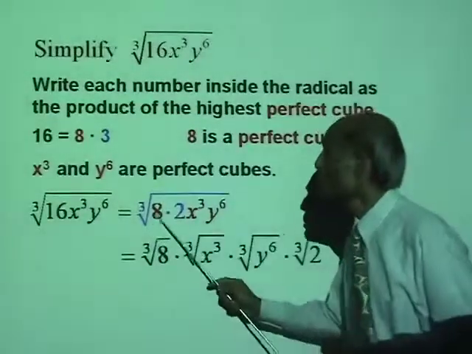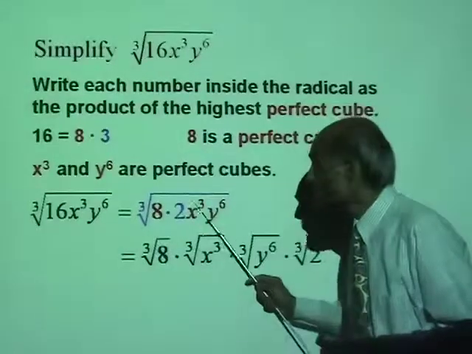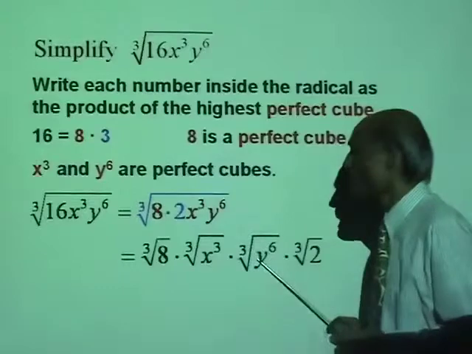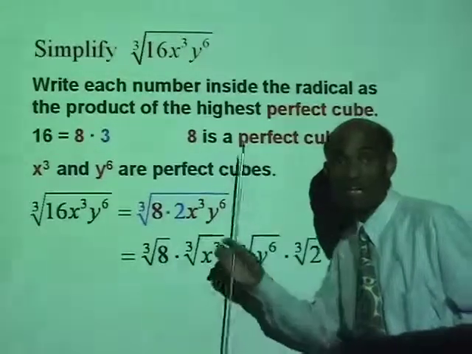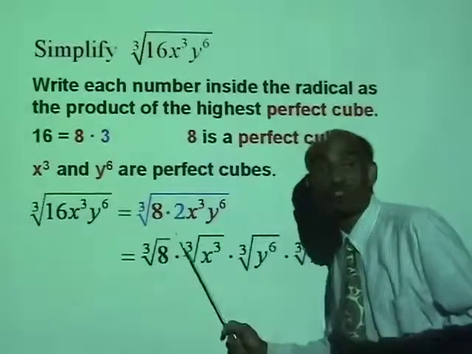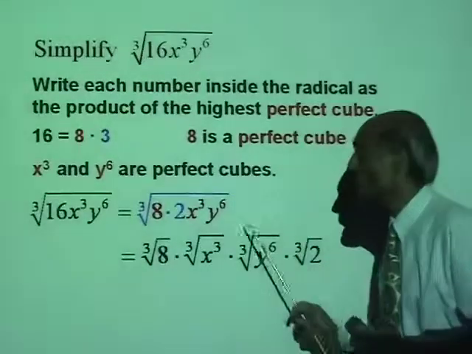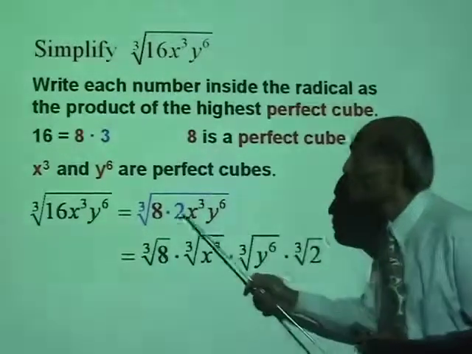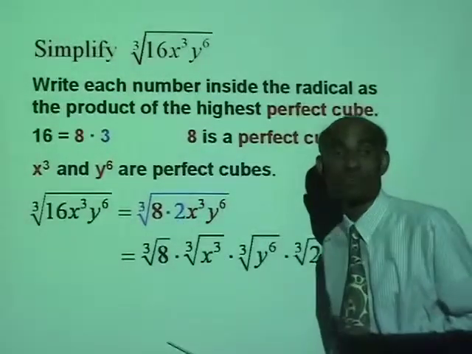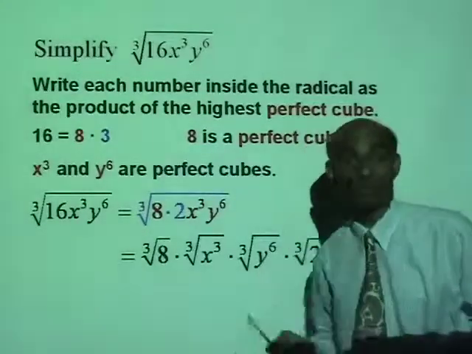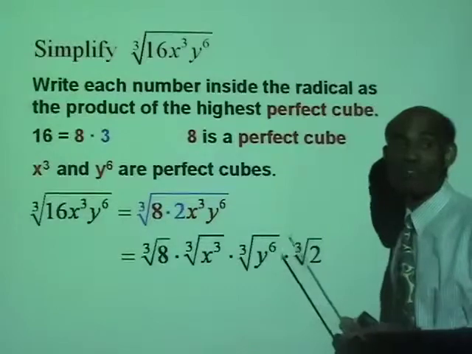That will be cube root of 8 times cube root of x cubed times cube root of y to the power of 6. Is that right? Each of the perfect cubes we can take out in a separate radical, and what remains inside the last radical will be that blue 2. Where I use blue is the leftover, so that will be on its own.